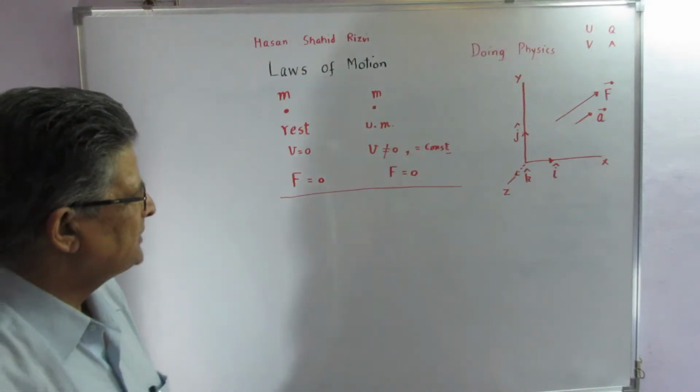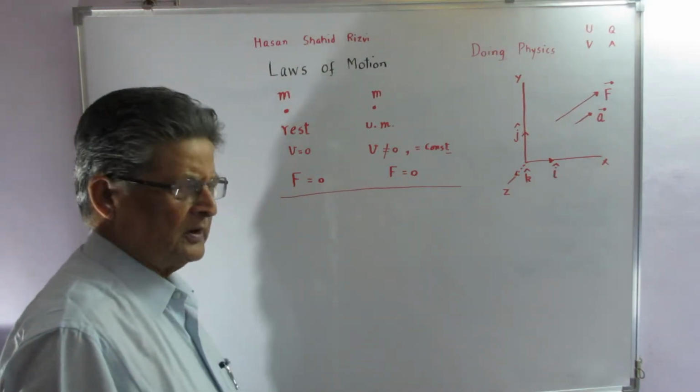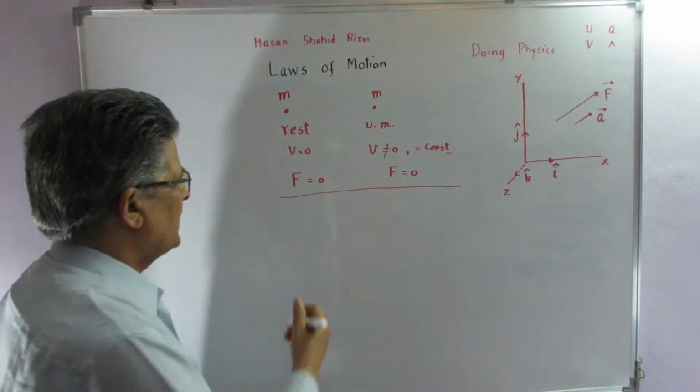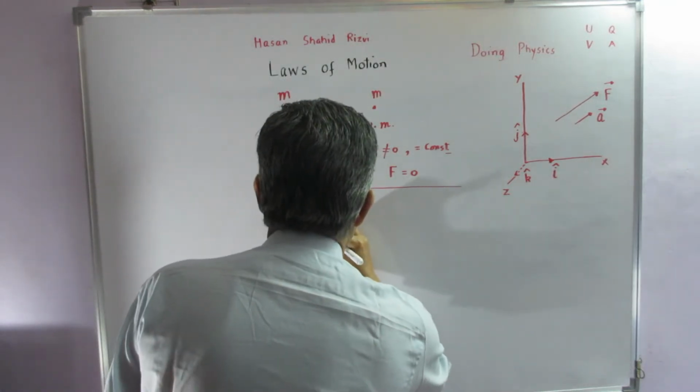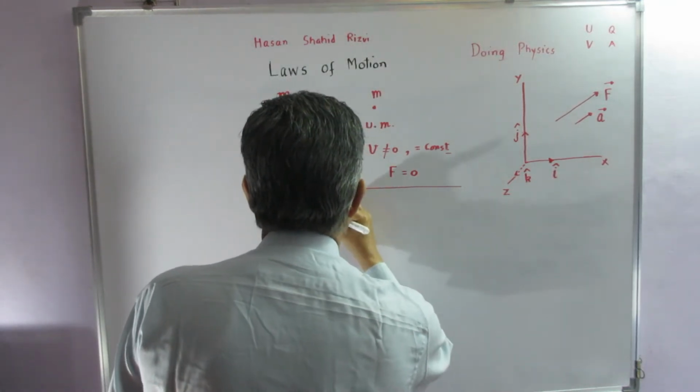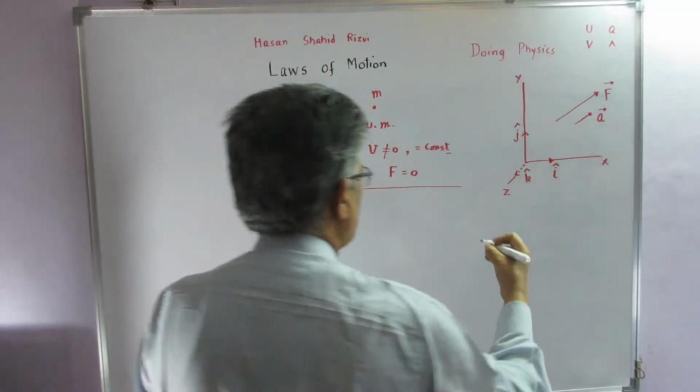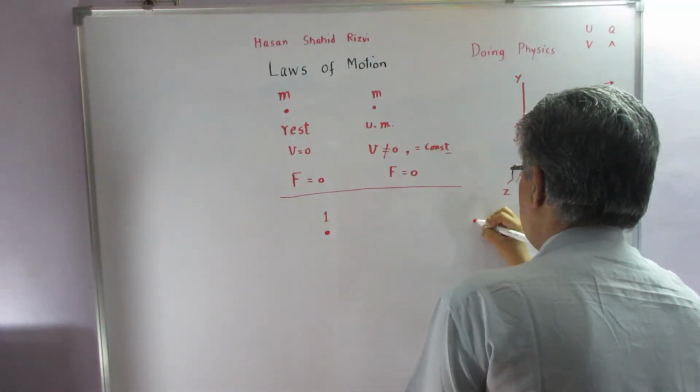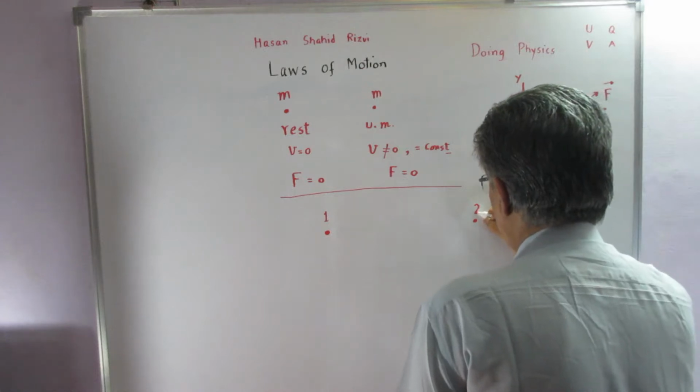So he thought that there should be at minimum two bodies. Let's call these bodies number 1, and located a distance away from it, there is a body 2.